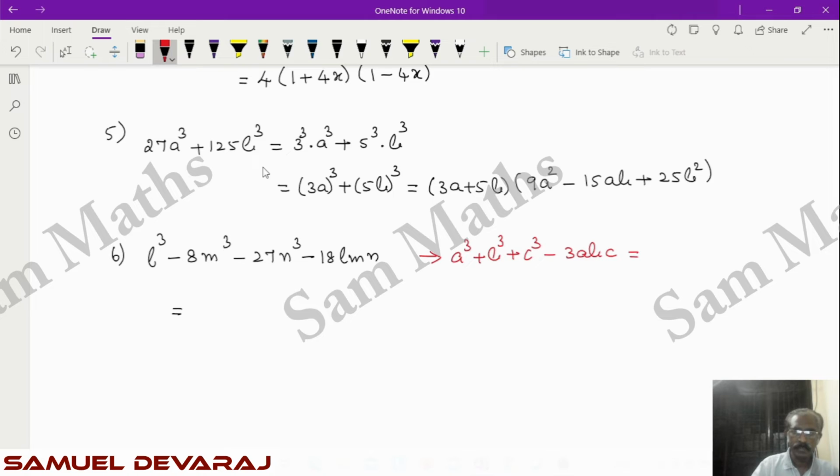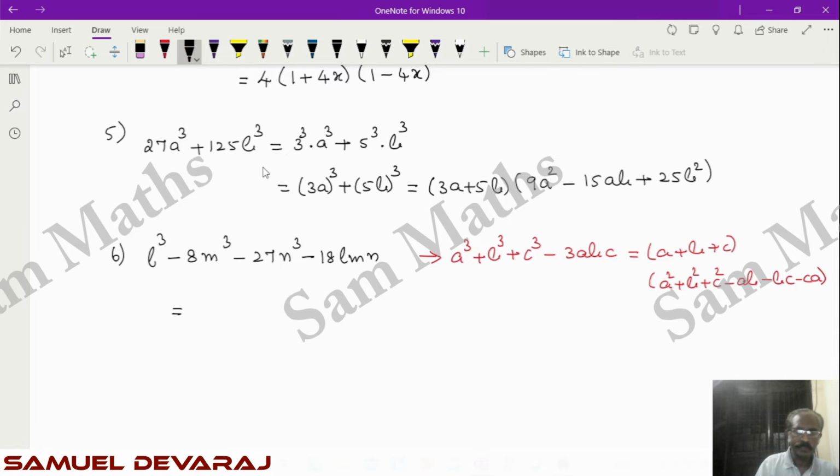What is that? That is a plus b plus c into a square plus b square plus c square minus ab minus bc minus ca. Clear, children?